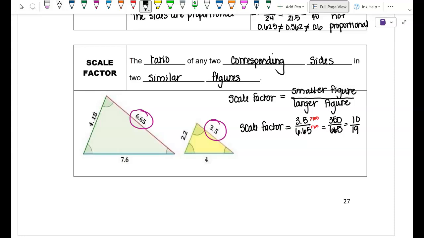But what does 10 over 19 mean? What is that telling me? The scale factor, that 10 over 19, is telling me for every 10 units in the smaller figure, there are 19 units in the larger figure.